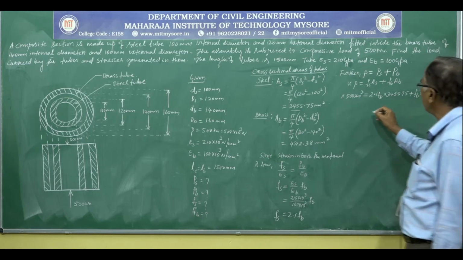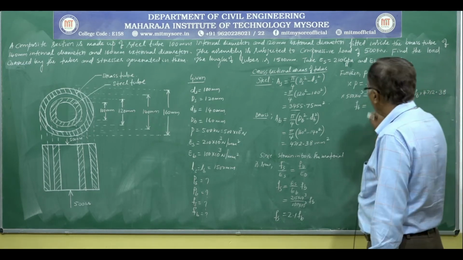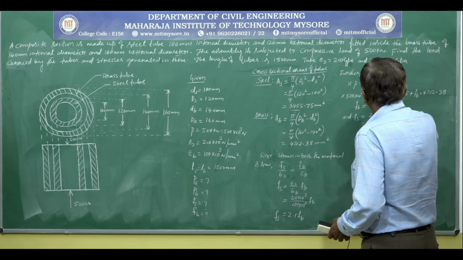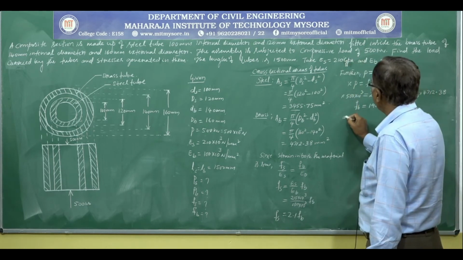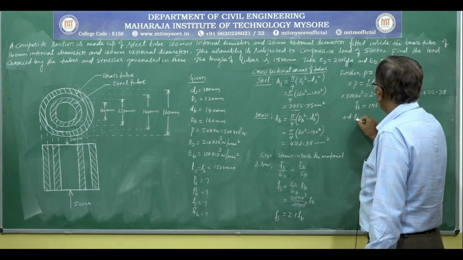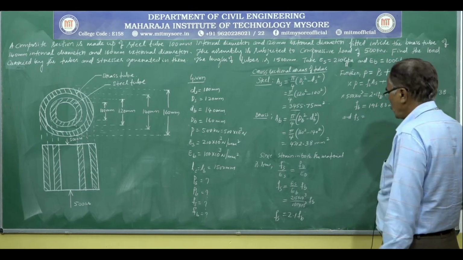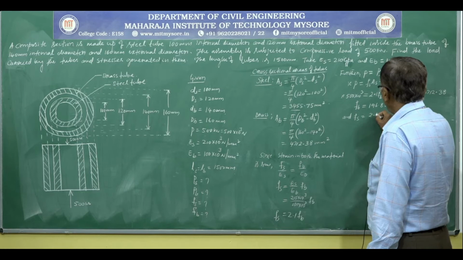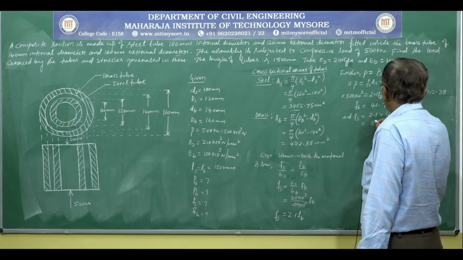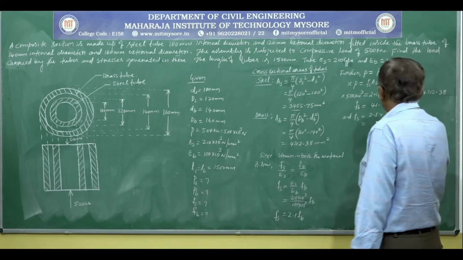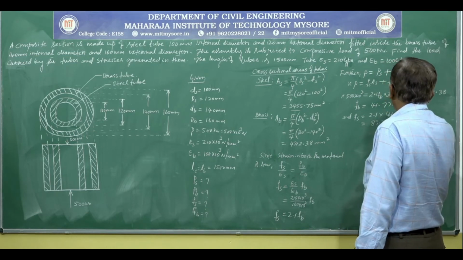So, the only unknown here is fb, therefore, fb is equal to 41.77 Newton per millimeter square, and fs is equal to 2.1 times of 41.77, that is equal to 87.71 Newton per millimeter square.